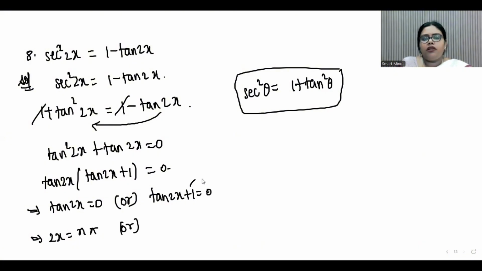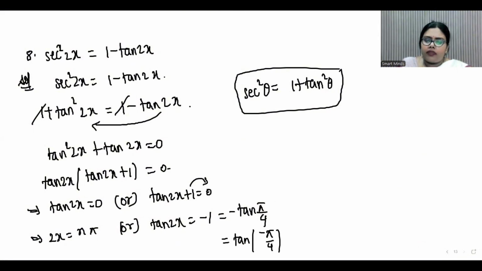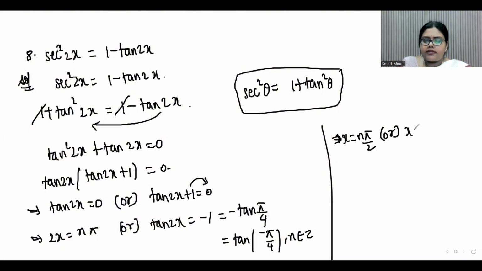Or from here if I take 1 that side, tan 2x is equal to minus 1. When is tan theta minus 1? At minus tan 45. This can also be written as tan of minus 45, where n belongs to Z. So finally, what are the general solutions? That means x is equal to n pi by 2 or x is equal to n pi by 2 plus 3 pi by 8, where n belongs to Z.